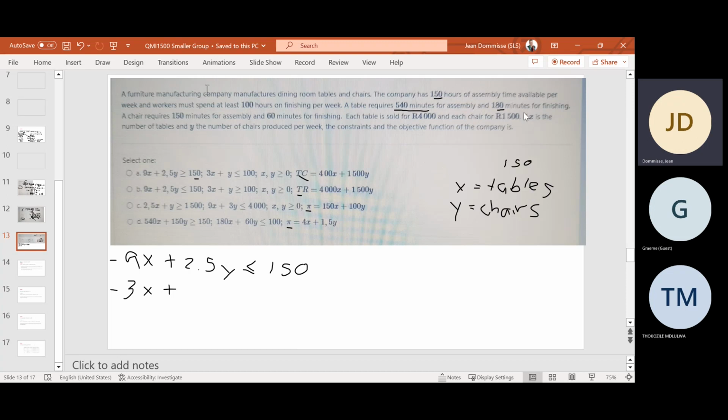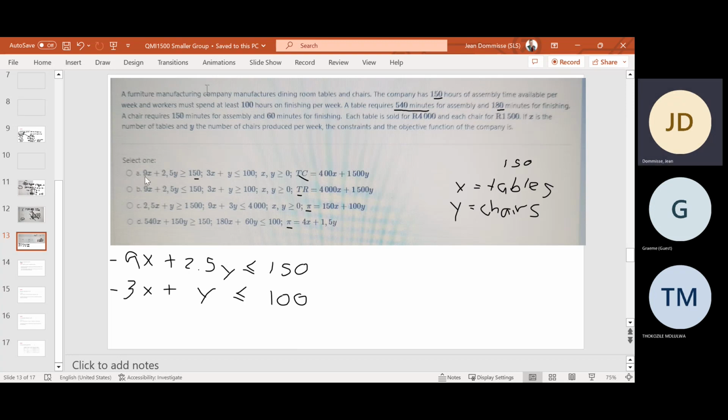So let's look at the finishing. 60 minutes for finishing, 60 divided by 60 is 1, so it's y. And how much time do they have for finishing? 100 hours. So these are your first two sets without looking at any of the costing.